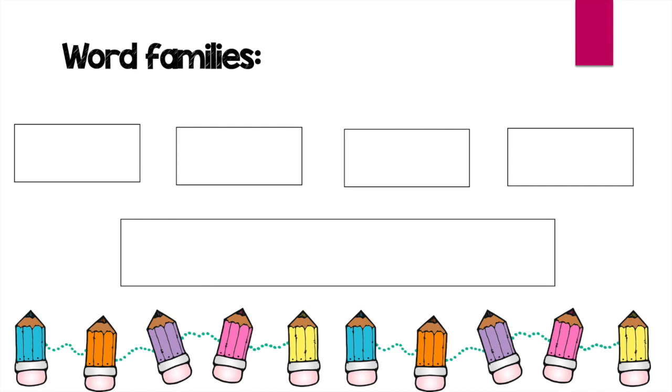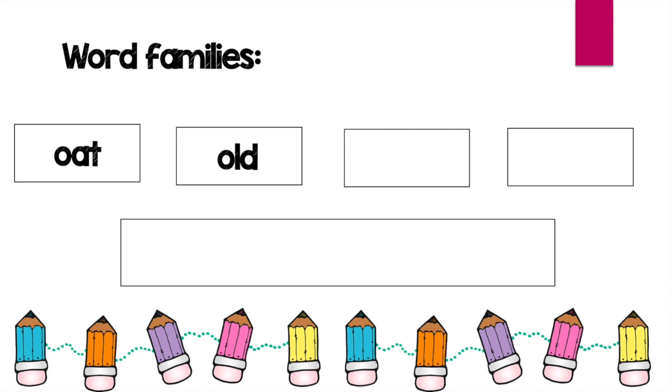Okay, this week, we're going to be using word families to make words. So the first long O word family we're going to use is the OAT, or oat. Our next word family is old, O-L-D.